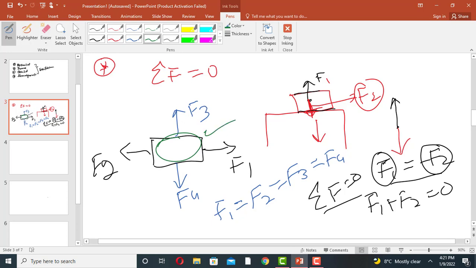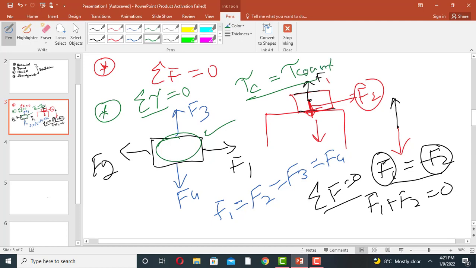Similarly, for a rigid body, the second condition can also be applied: the sum of torque acting on a body is equal to 0. So the clockwise torque acting on a body will be equal to the anti-clockwise torque. If the clockwise torque acting on a body is equal to the anti-clockwise torque on the body, then we will say that the body is in mechanical equilibrium.